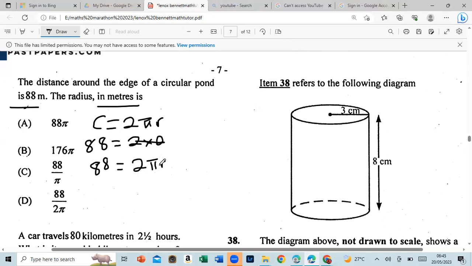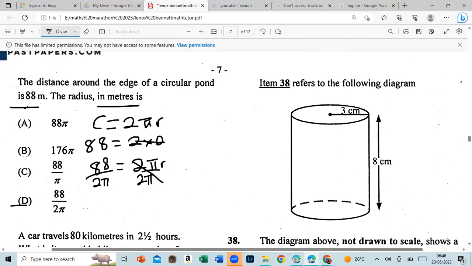Alright, so we're solving for r, so we make r the subject, so we divide by 2 pi. I was so ready to work it out, and then I realized the options were like that. Well, 88 by 2 pi, yeah. Alright, so that would be t.